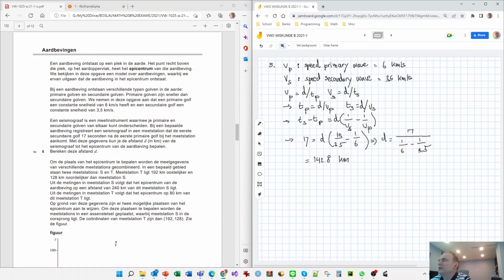So you get this equation, and just substitute it and use your calculator. 17 divided by this, and you should find 142.8 kilometers.